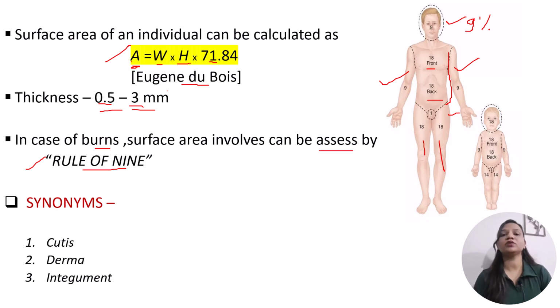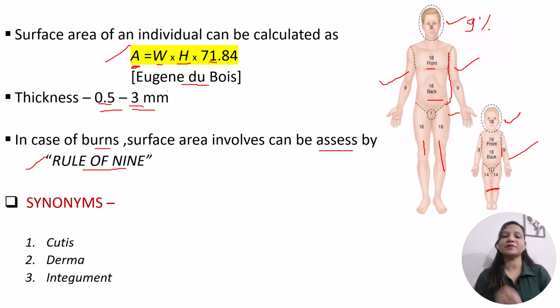And if you talk about pediatric age, the head region is denoted by 18% in children, and the trunk region, front and back, are both denoted by 18%. Upper limb region is denoted by 9%, and the lower limbs are denoted by 14% each.